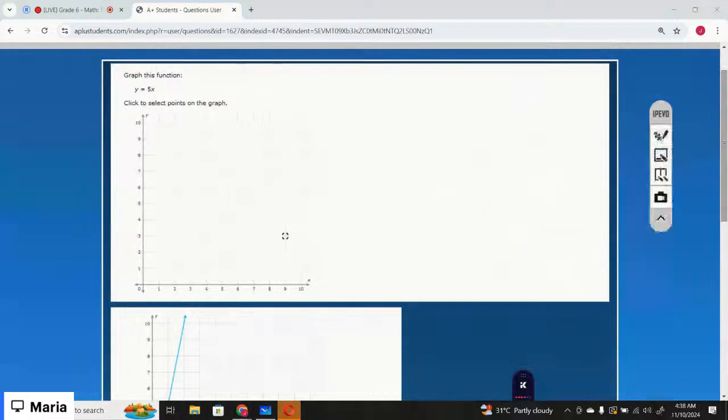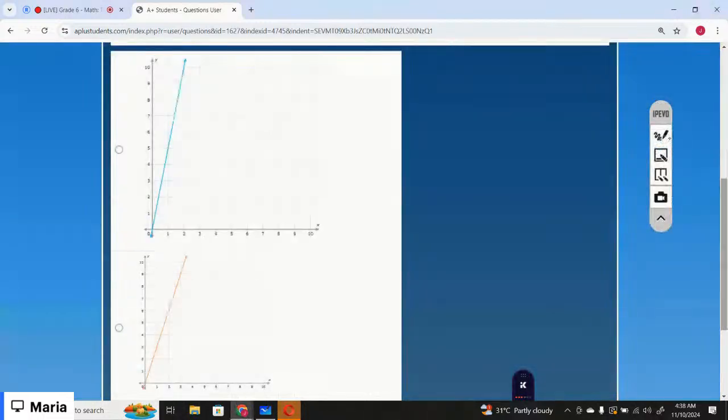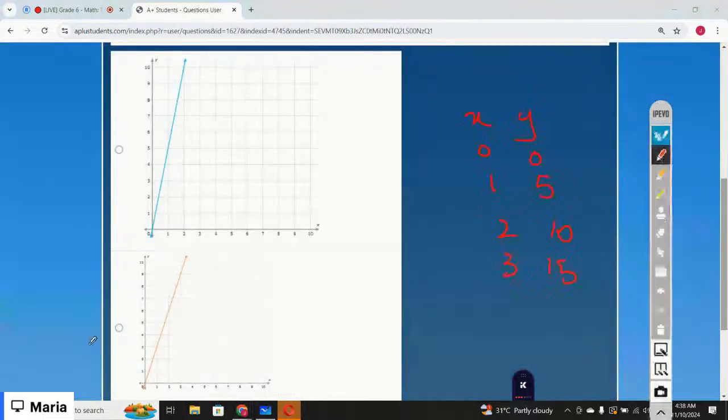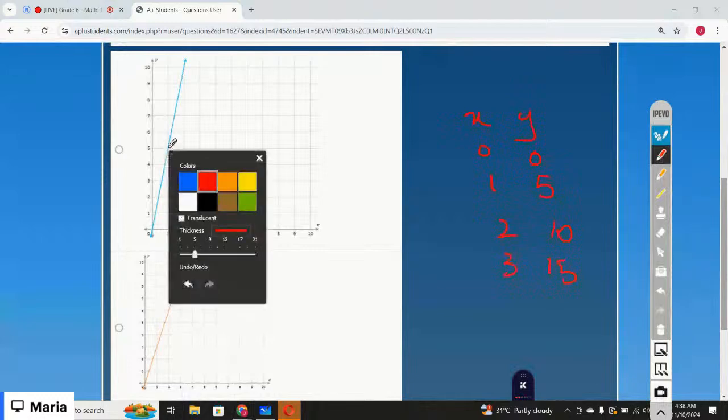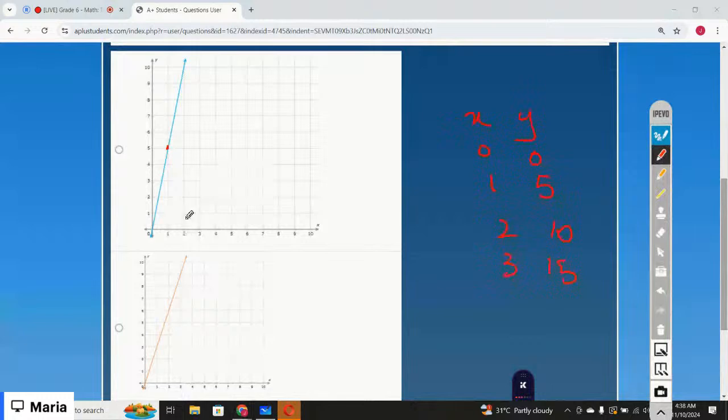Now you have a table of values. Just match it with the graph one, right? X is 0, 0. X is 1, y is 5. X is 2, y is 10. That is the correct option, right? Option number 1 is the correct option.